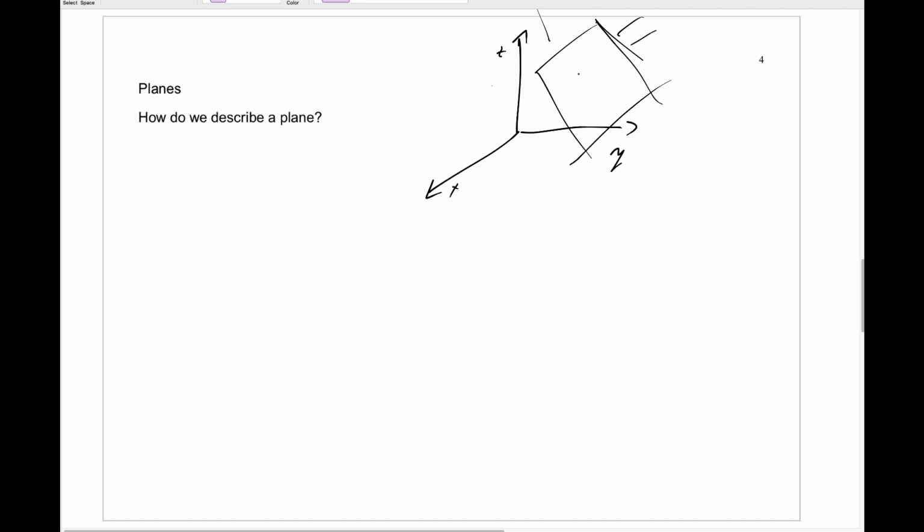It's good to start with a single point that's on the plane, and we'll talk about that point in vector form. Say the point has coordinates x0, y0, z0.